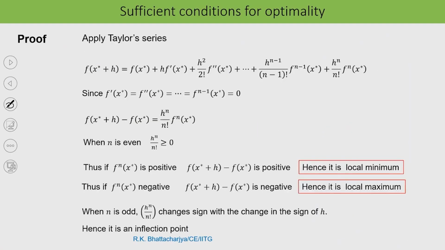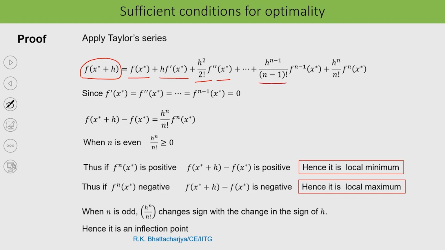Now, let us see the proof, how we can prove that one. The proof is that suppose f of x star plus h. If I apply the Taylor series, I can write f of x star plus h equal to f of x star plus h f dash x star plus h square by factorial 2 second derivative at x star, and then plus so on.